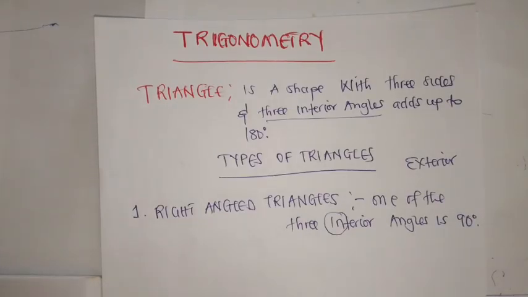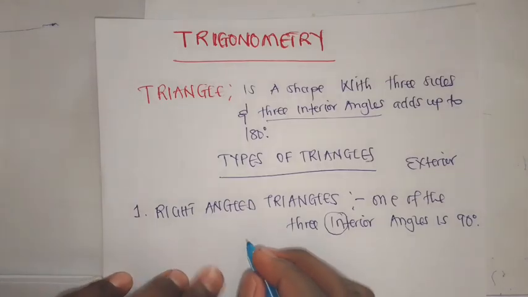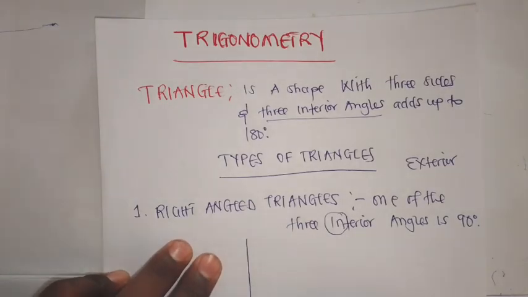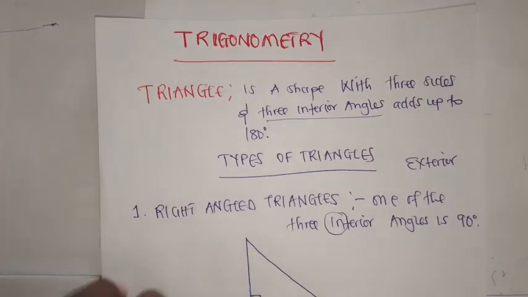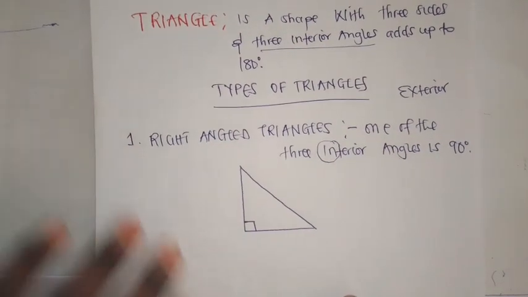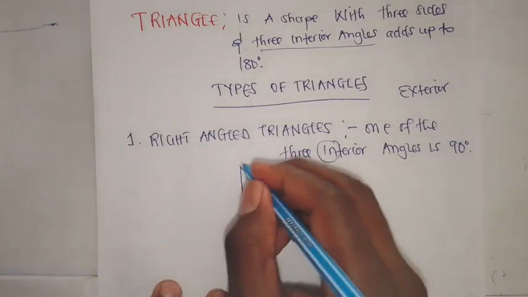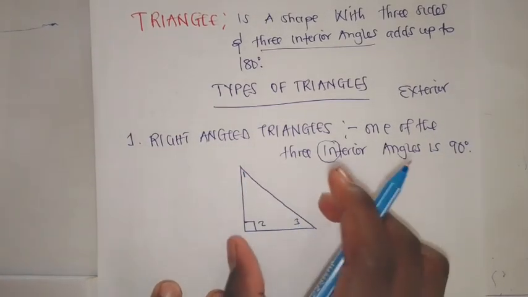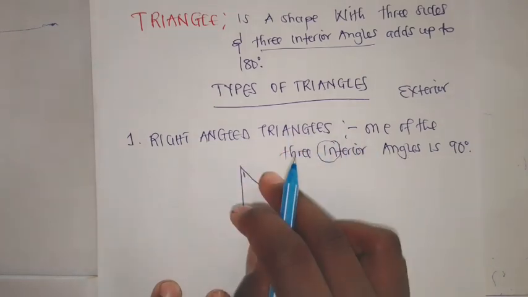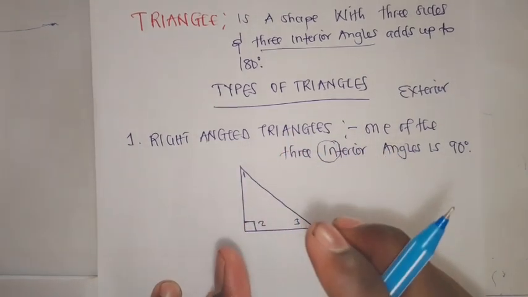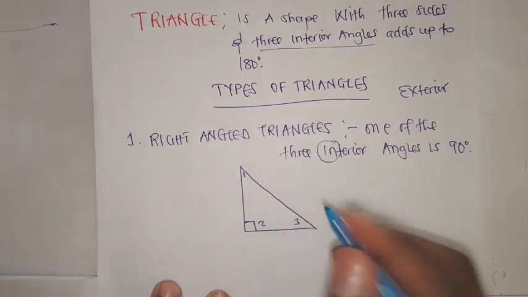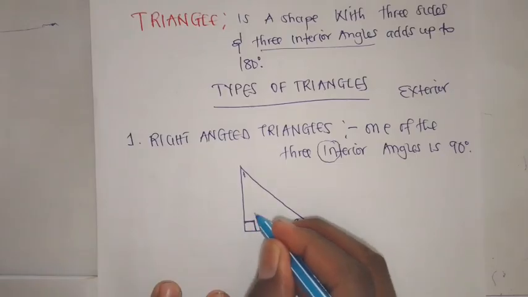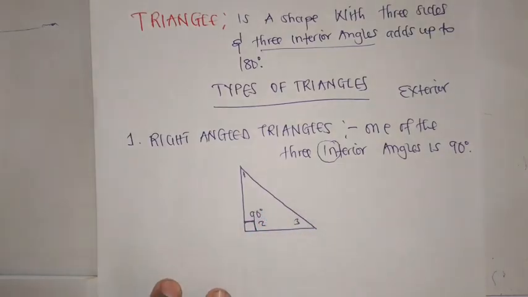So the right-angled triangle looks like this. This is the 90 degrees they are talking about. We have three angles, and one of these three is a 90 degrees angle. They are talking about this one, 90 degrees.